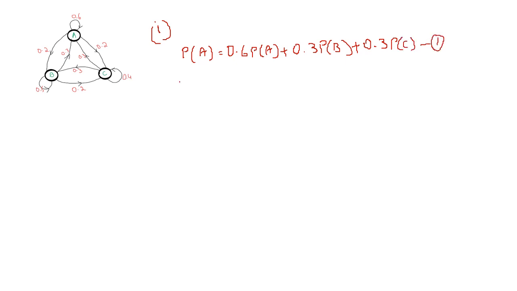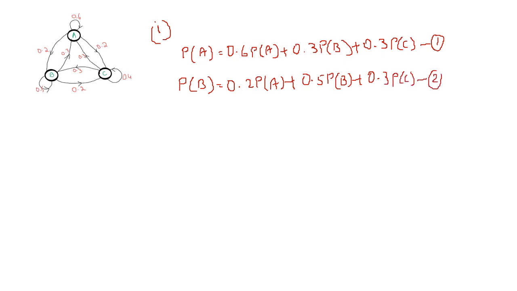The second equation we'll write for state 2: P of B is equal to 0.2 times P of A plus 0.5 times P of B plus 0.3 times P of C. Let this be equation number 2.